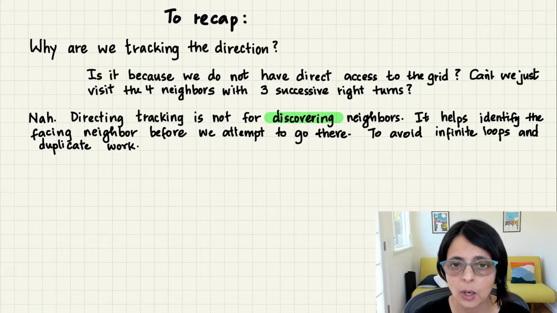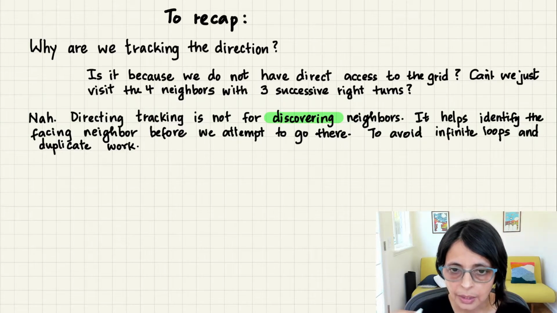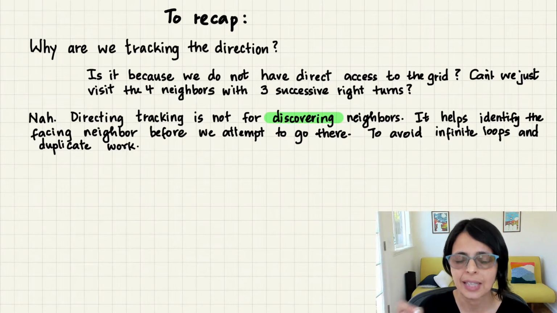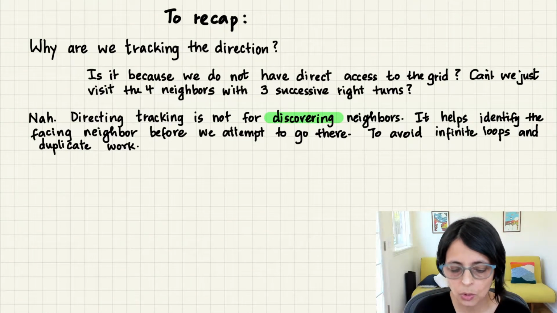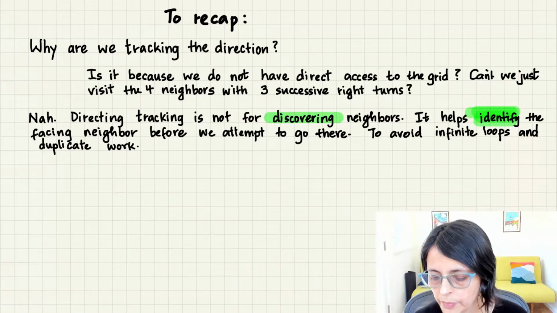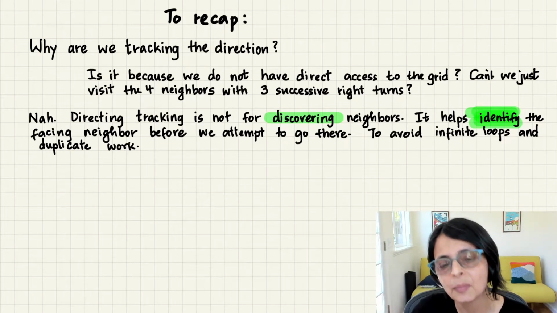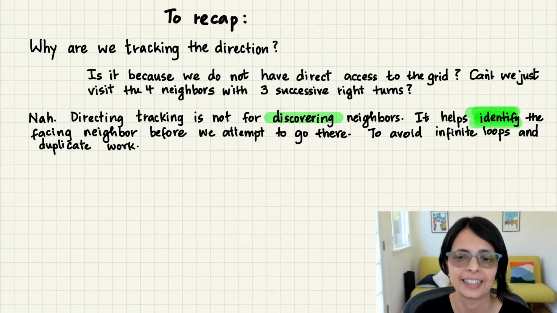Discovering can be done without knowing exactly what the direction is. The reason we need to know exactly what direction the robot is facing at all times is so we can identify the facing neighbor. Coming up with the unique ID of the neighbor we are facing is the reason we are tracking direction.